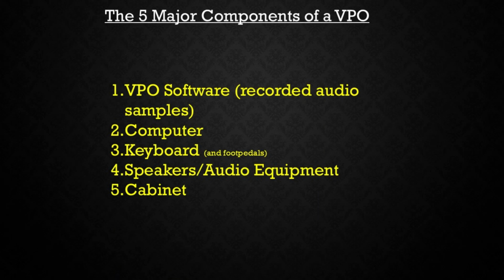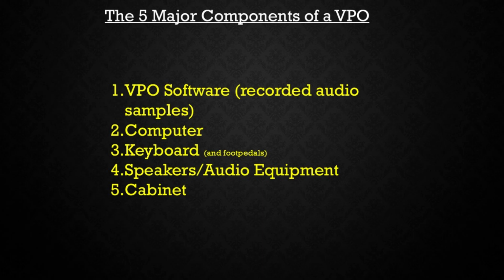Now, for a virtual pipe organ, or VPO as I'm going to refer to it throughout this video, there are really 5 major components. First component for a VPO is the software. And what this software is, this is the actual sounds that you want to produce, the sounds that simulate that of a pipe organ. Frequently, those sounds are audio samples.